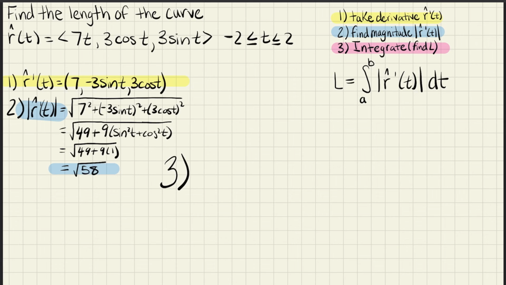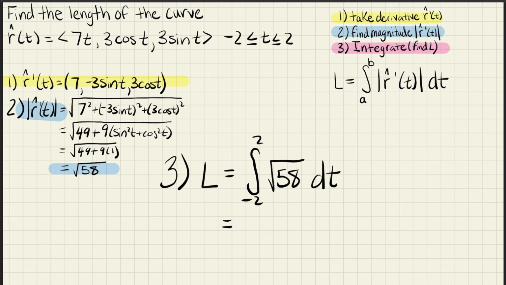Alright, so now that we've found the magnitude of our vector function, we are ready to plug these values into our formula to find our final answer. So length is equal to the integral from -2 to 2 of the square root of 58 dt. And now I'll just rewrite this so we can integrate.